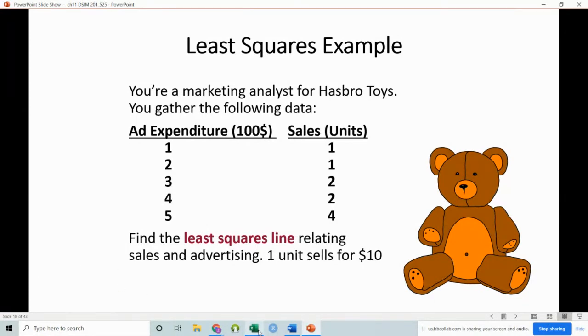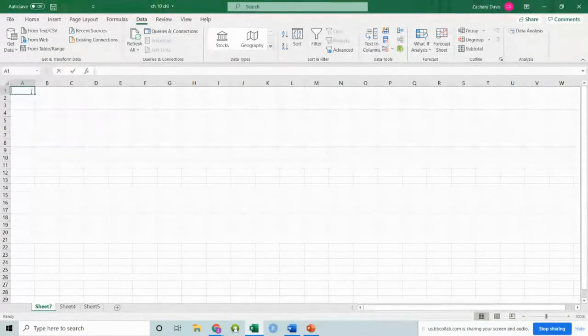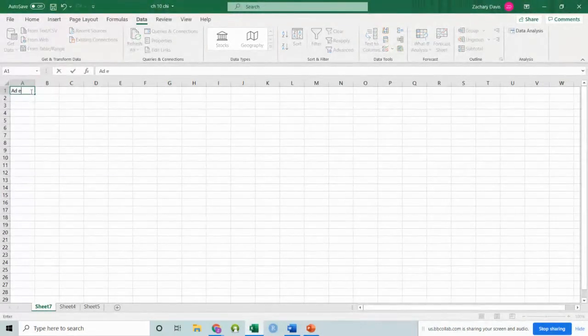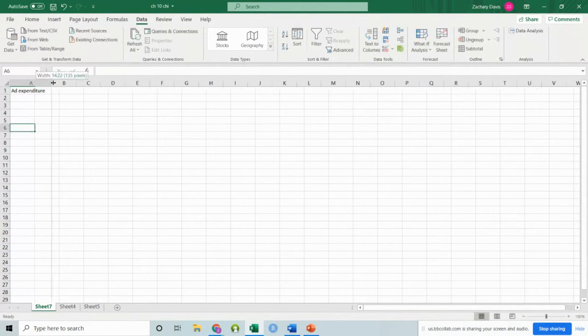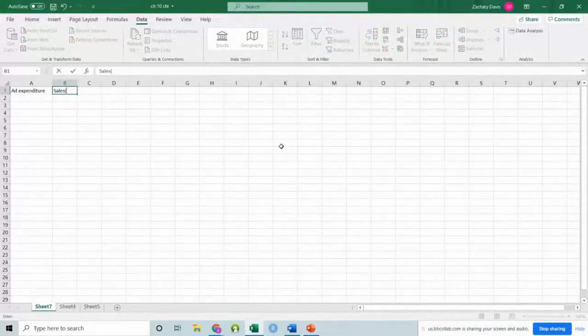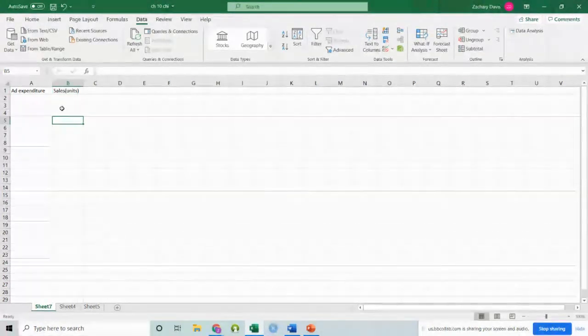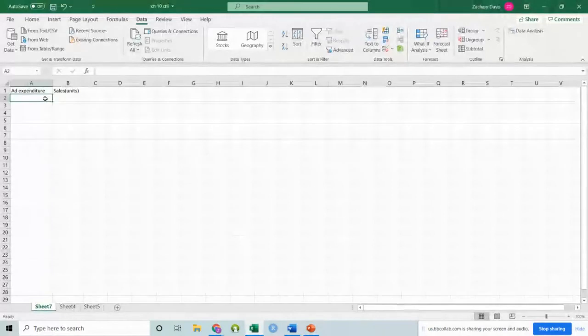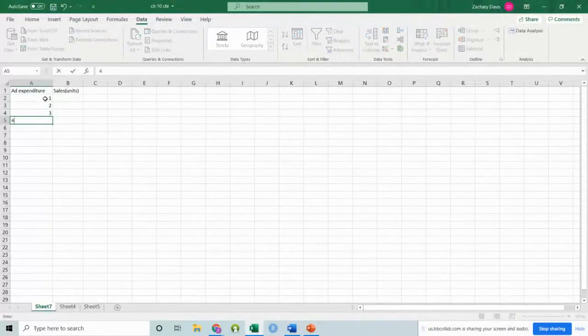So in Excel, we have our ad expenditure, and our sales. So we have 100, 200, 300, 400, 500.